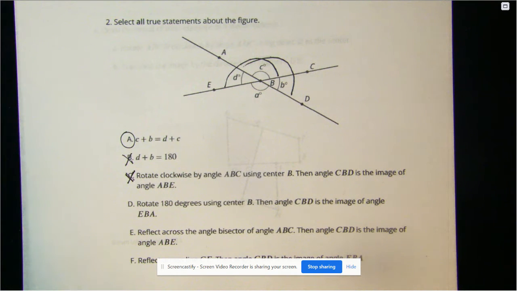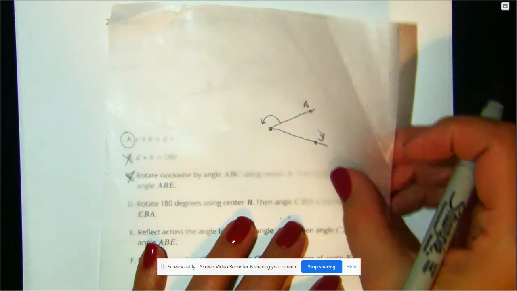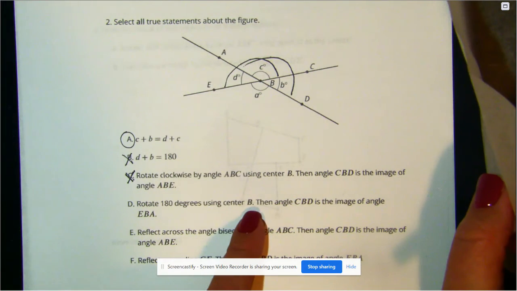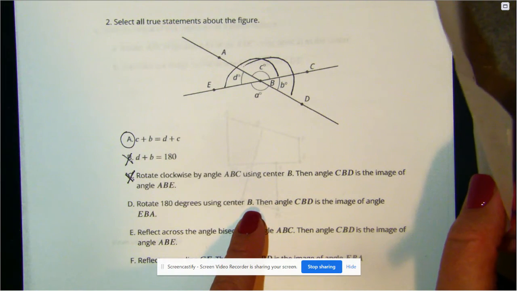Rotate 180 using center B, then angle CBD is the image of angle EBA.